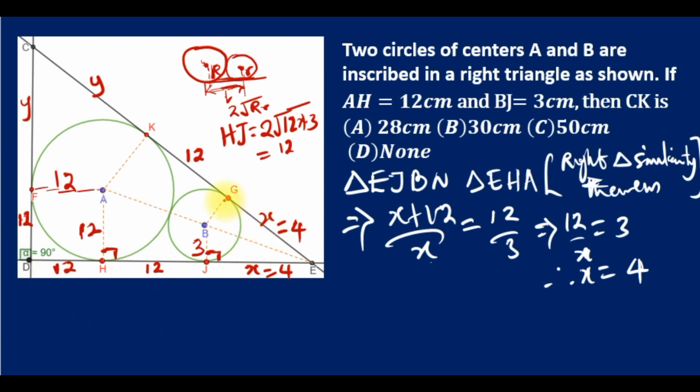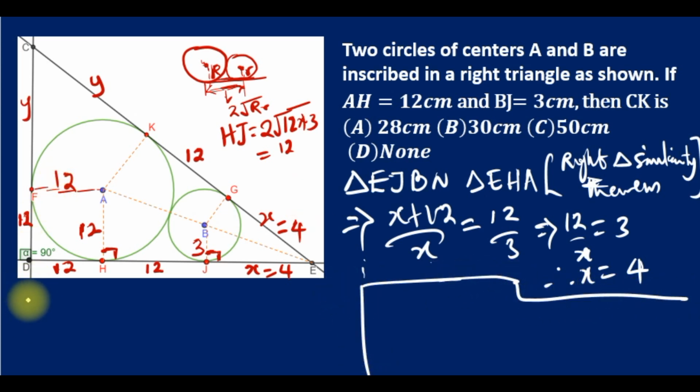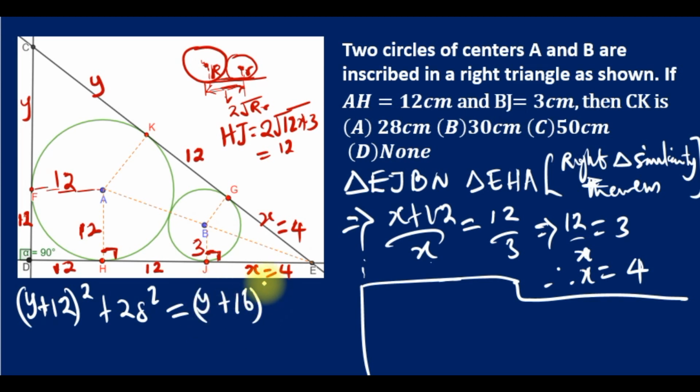So with that, the final approach is to use the Pythagorean theorem. Therefore, y plus 12 squared, that's this length squared, plus 28 squared must be equal to y plus 16 squared. That's the Pythagorean theorem.